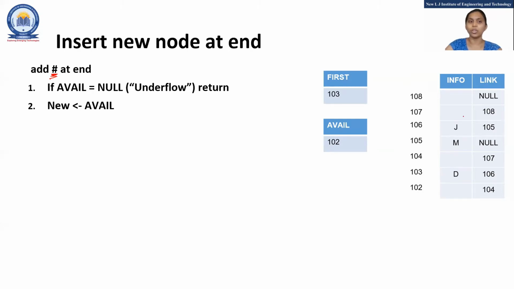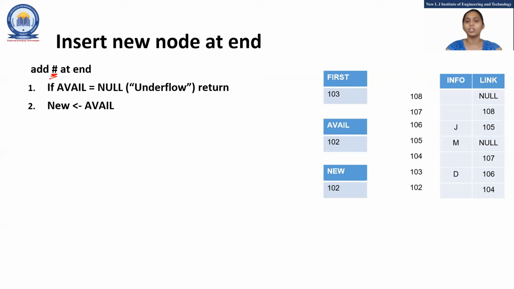Which location should I write asterisk? As my second step says, new would get its value from avail. Avail is pointing to 102, so new would be 102. Whatever I am going to create, it would be at the 102 location.